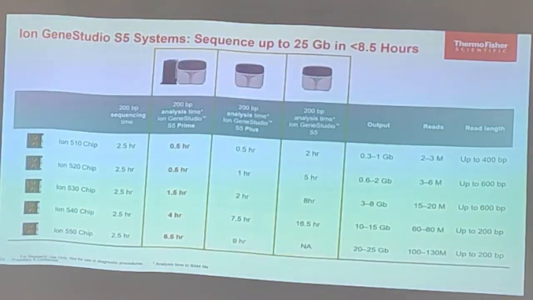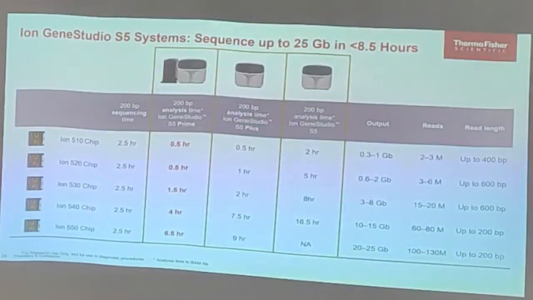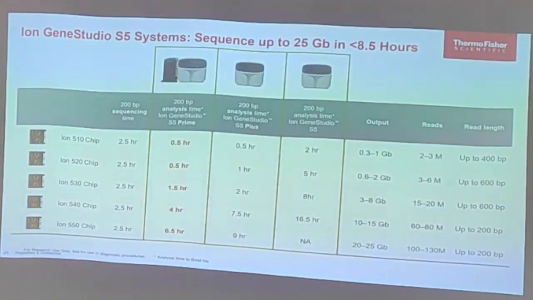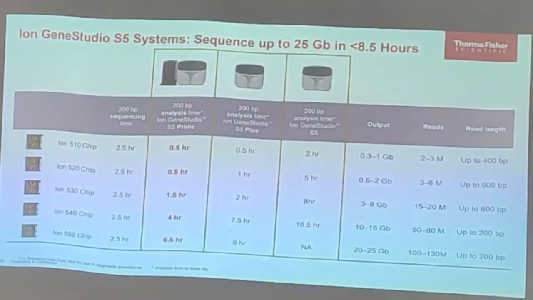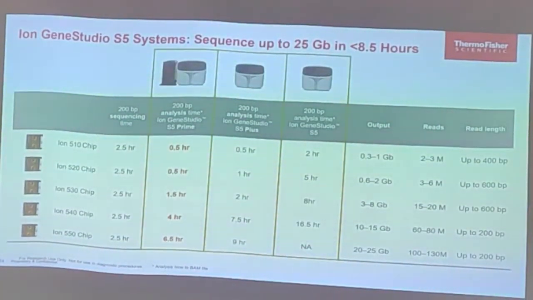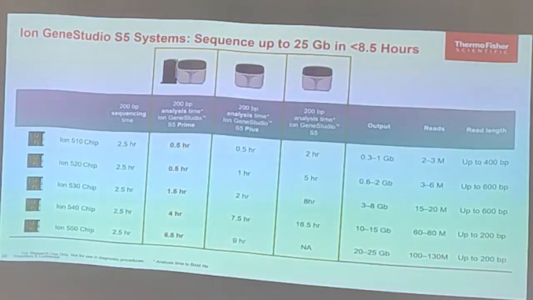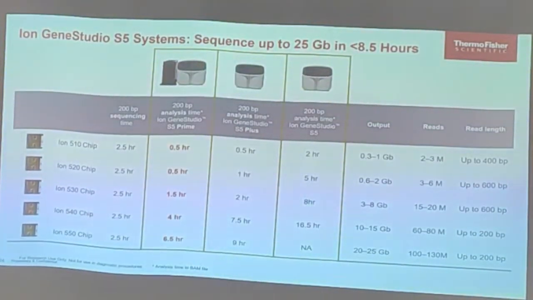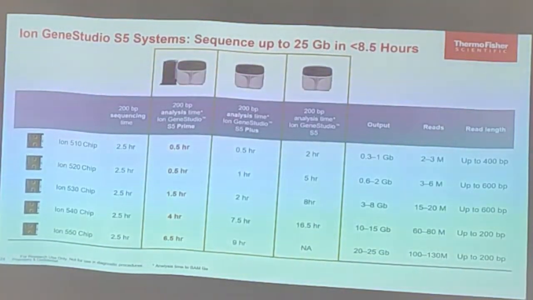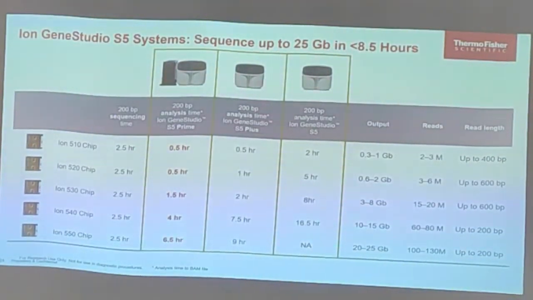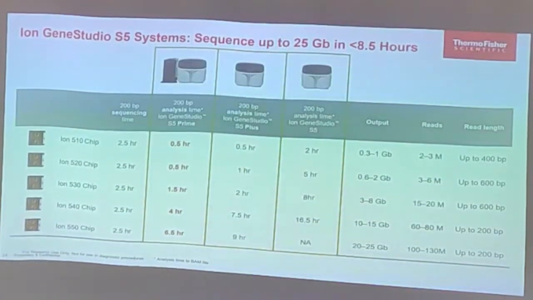Now if you are using S5 Prime, it is the fastest machine. But S5 is the basic, so it is much more fitted for academia. But S5 Plus for medical colleges is good. S5 Prime is very suited for diagnostics, depending on the speed and the capacity.